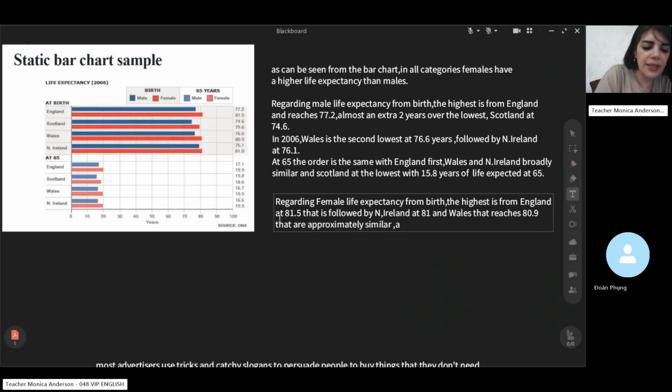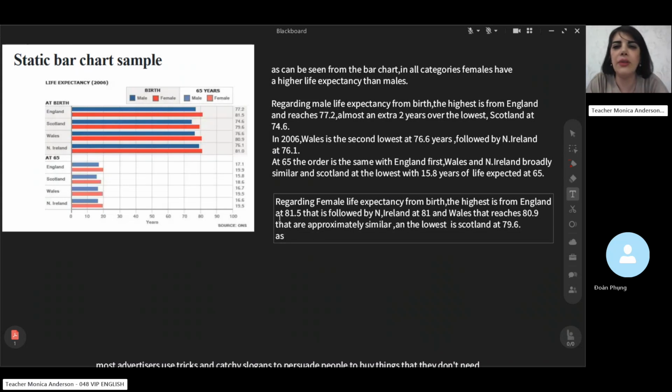And the lowest is Scotland, at 79.6, as can be seen.